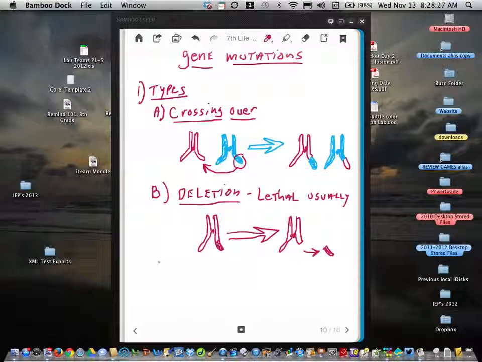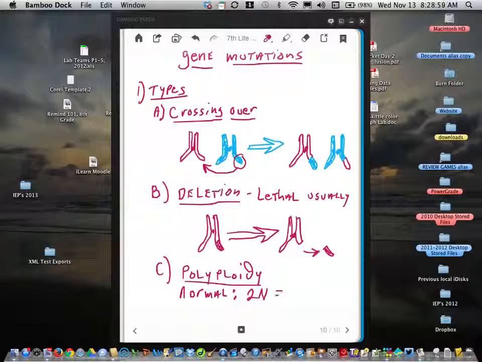Another type of mutation, and we'll see this type of mutation in Chapter 6, is called polyploidy. And the normal situation is where we have 2n.